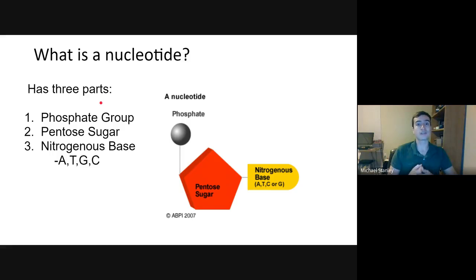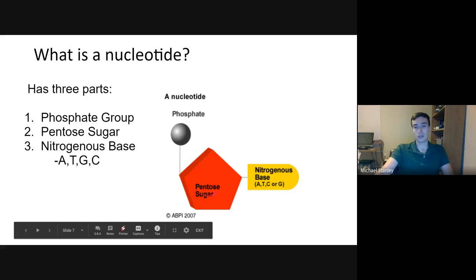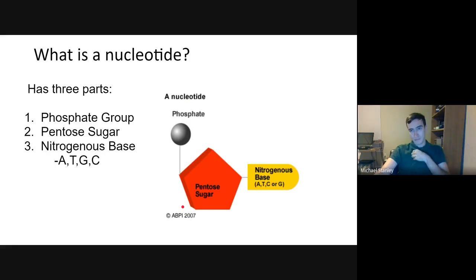So a nucleotide has three distinct parts to it, like I mentioned a second ago. We've got our phosphate group on one end. We've got our sugar, sometimes called a 5-carbon sugar, or a pentose sugar, because as you can see, there are 1, 2, 3, 4, 5 different sides on this particular sugar.